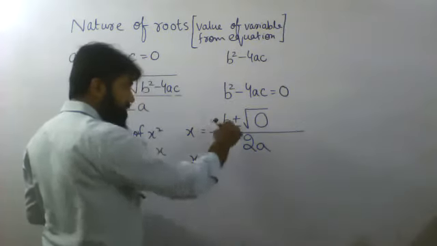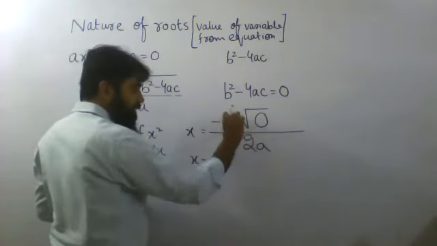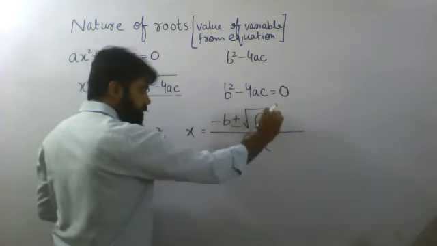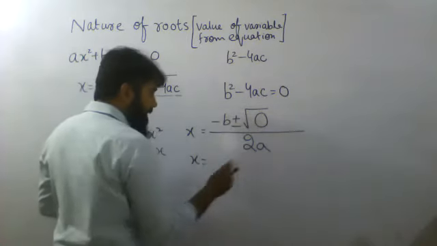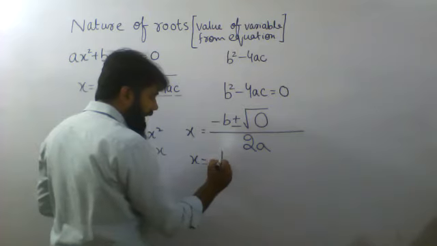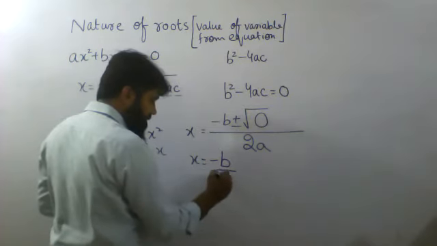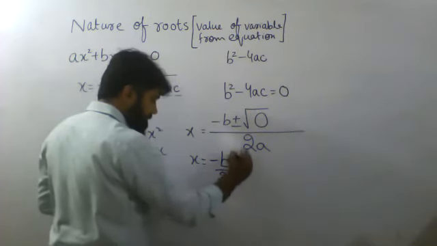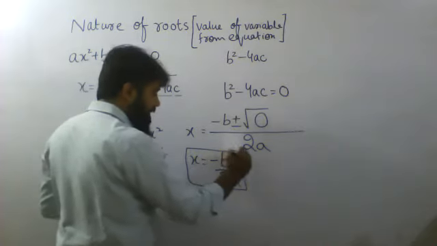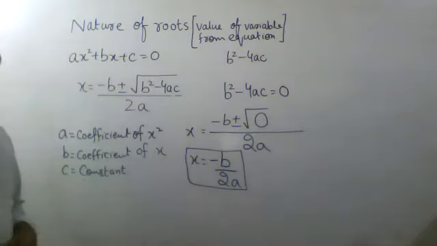So, when this thing will be 0, this whole term will be removed and I will only have one answer, which will be in the form of minus b upon 2a.